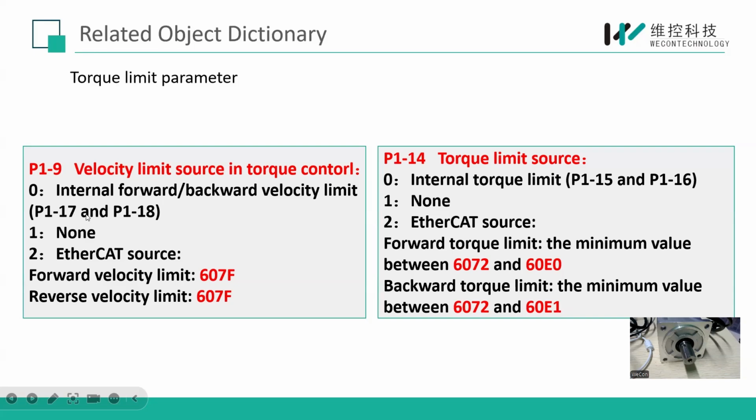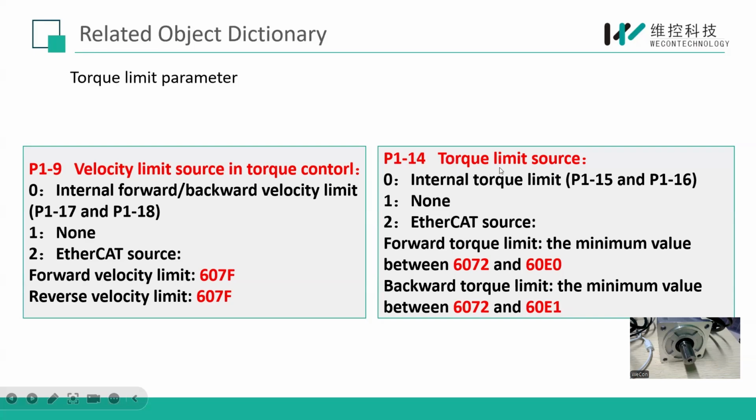You will find these two parameters are the same as VD2 series. We can also use EtherCAT source to set the velocity limit. So we set P1.19 as 2, and at this moment we use 607F to set our velocity limit, and it takes effect in both forward and reverse directions.